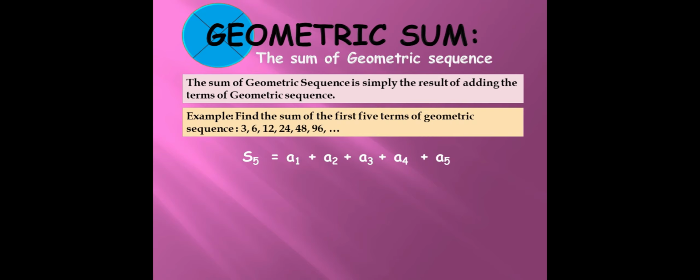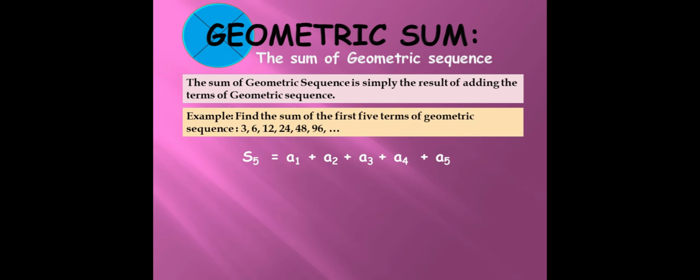So, S stands for the sum, and the sub 5 stands for how many terms you want to add the geometric sequence. So, ito yung pinakadulo. Ito yung magiging A sub n mo yung 5 ka 5th term. So, ibig sabihin, i-add lang natin yung A sub 1 plus A sub 2 plus A sub 3 plus A sub 4 hanggang A sub 5.